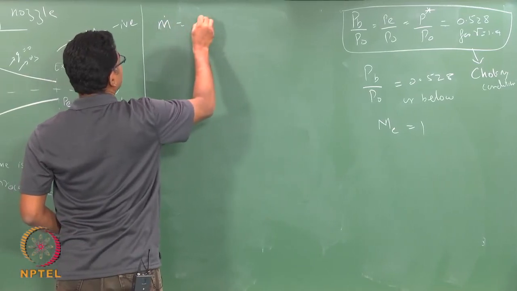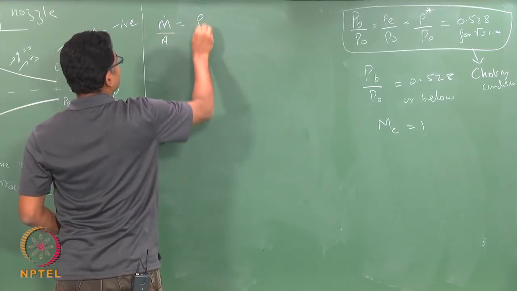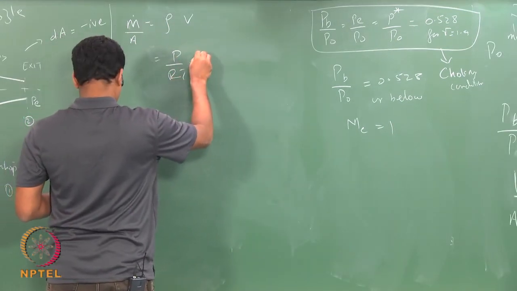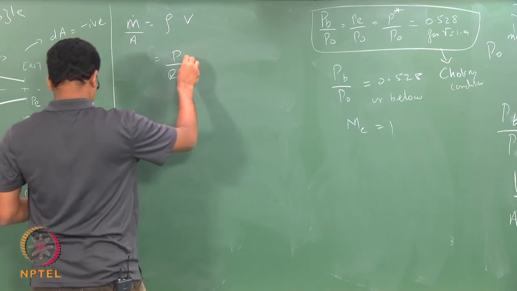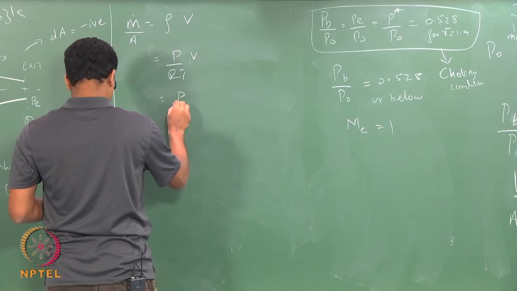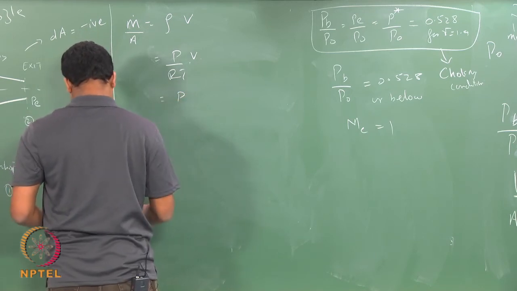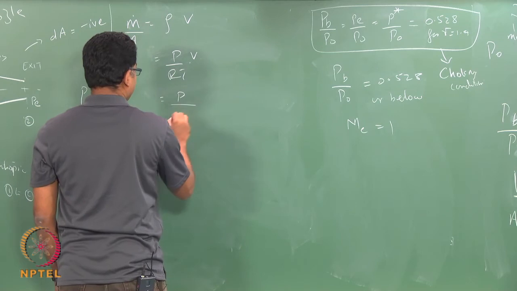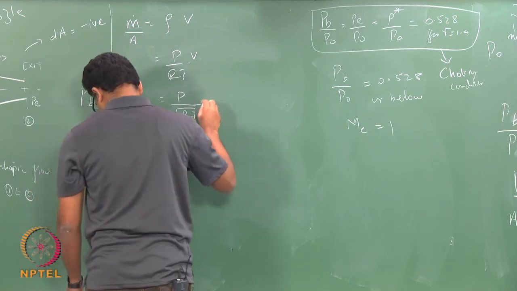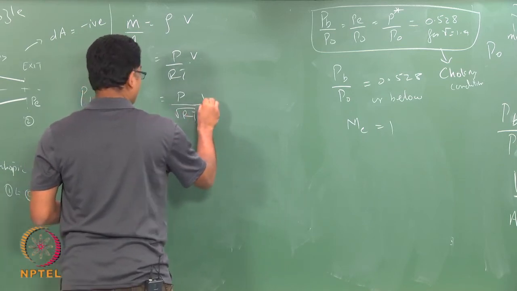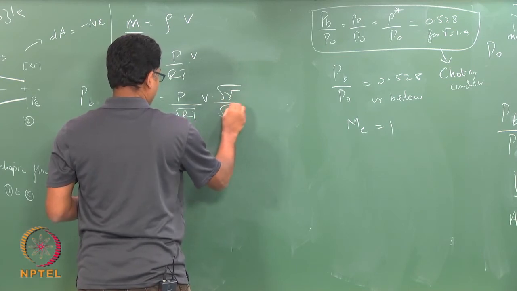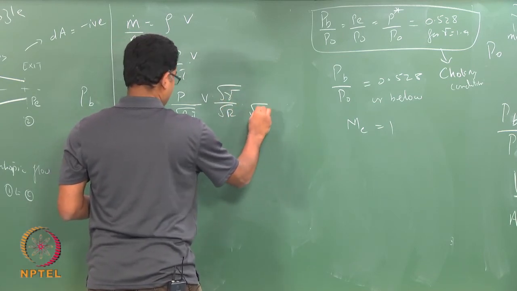M dot by A is rho into V, which is P by RT into V. Now I take RT here, then V multiplying root gamma by root R. So there is a root gamma here.